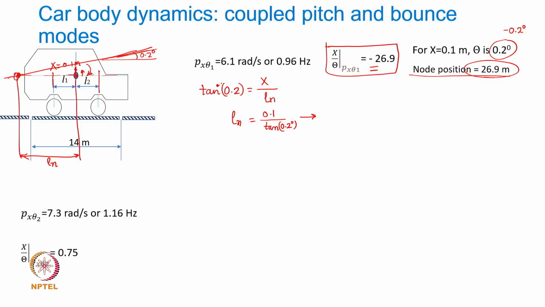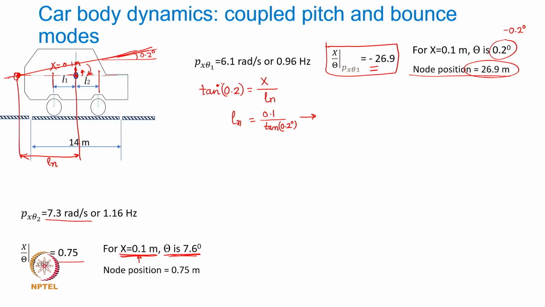And let us figure out what happens for the second mode. If you use this particular natural frequency in your expression of x over theta, it has given you 0.75. Now again, for this particular case, if I use the amplitude equal to 0.1 meter, what is the relative theta when x is so much? So it is always relative. This value will change if you change the value of x. Okay. So their ratio will always be maintained constant.